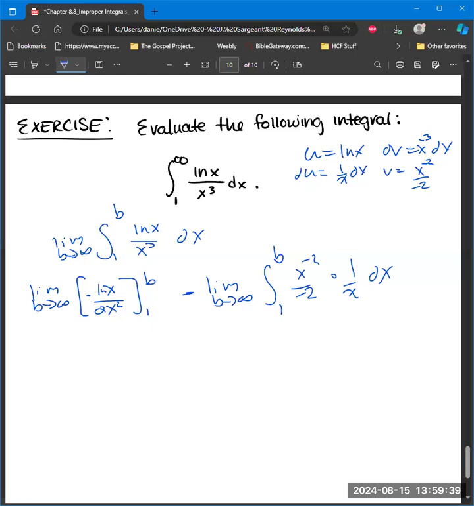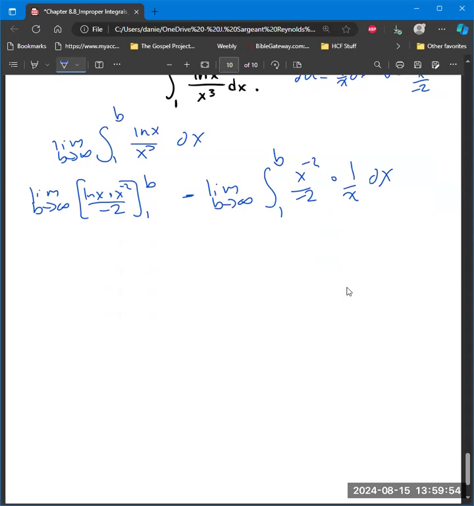I'm just going to write it all out here. U times v, ln x times x to the negative second over negative 2. I'm going to write it just like it is up there. So I'm going to pull the negative 1/2 out. Limit b goes to infinity of ln x over x squared from 1 to b. I'm going to pull the negative 1/2 out.